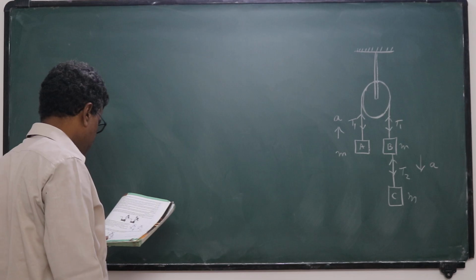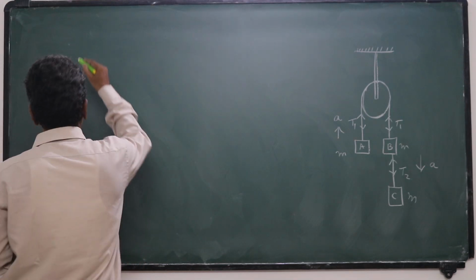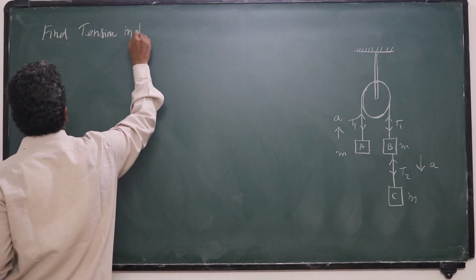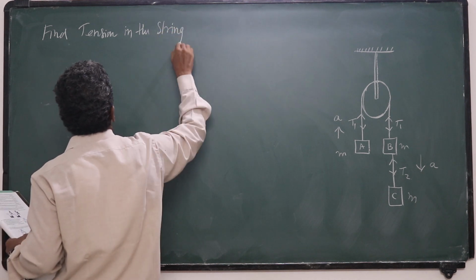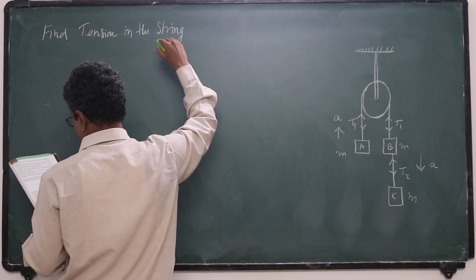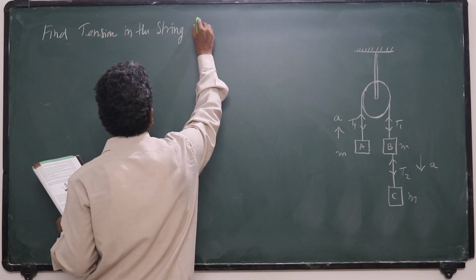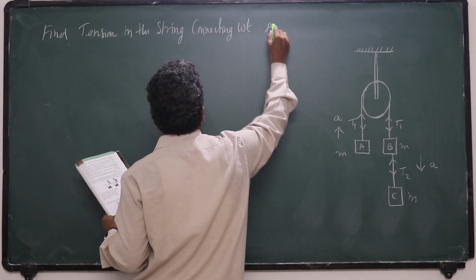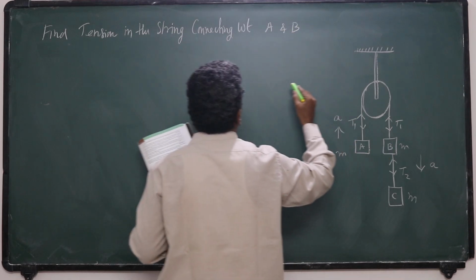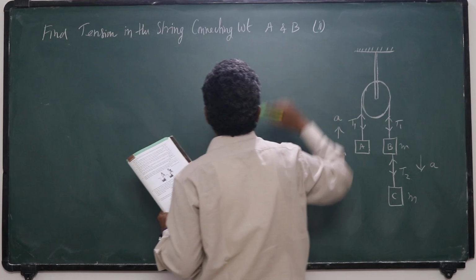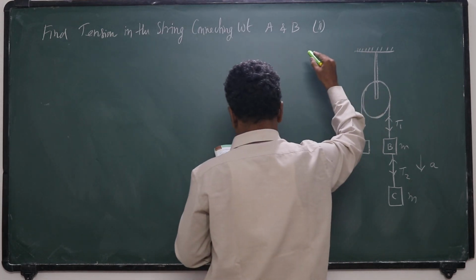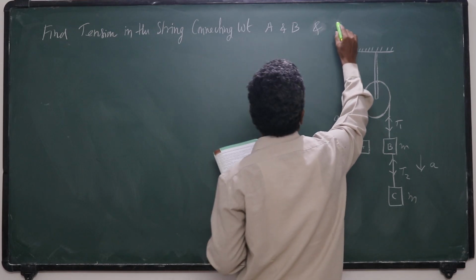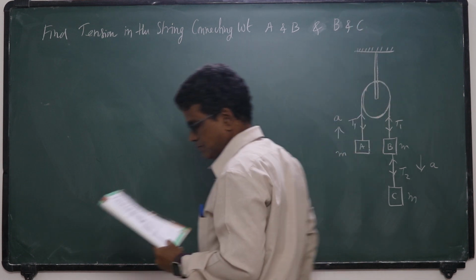Now we want to find the tension in the string connecting weights A and B, and the tension in the string connecting B and C. So that is the problem.